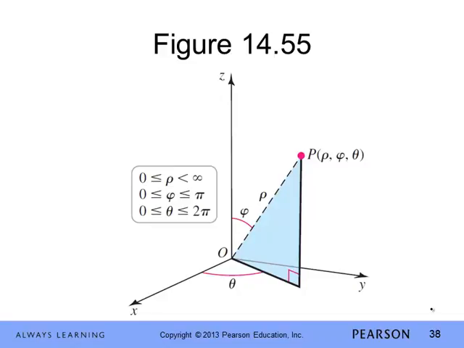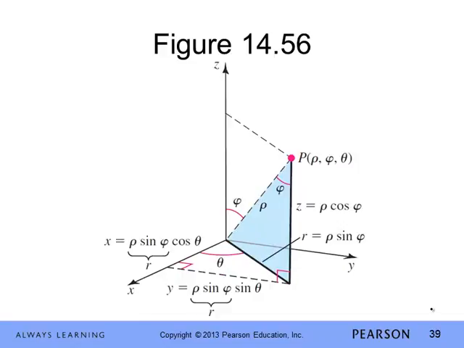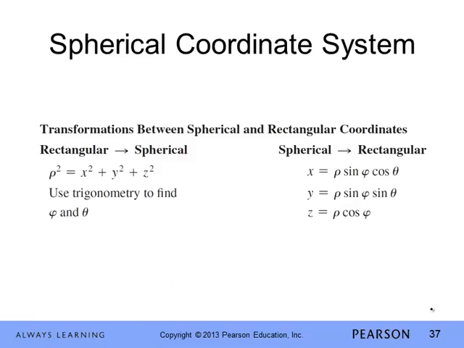Now, how do you convert between spherical and rectangular? That's on this slide right here. Because rho measures the distance between the origin and the point, we know the distance formula, right? So the square root of x squared plus y squared plus z squared. So we have the conversion between rho squared and x squared plus y squared plus z squared.